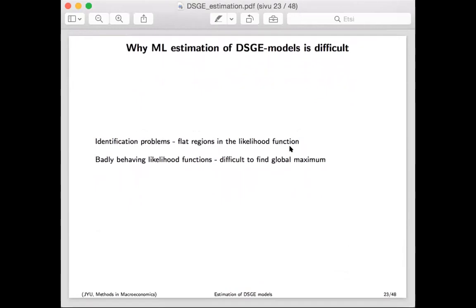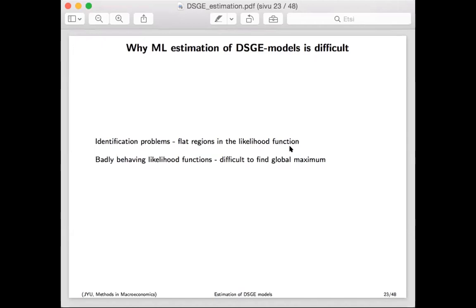So there are identification problems such that some parameters change the empirical fit of the model so little that the likelihood function is quite flat, and then it's difficult to find optimal parameters which maximize the likelihood function.